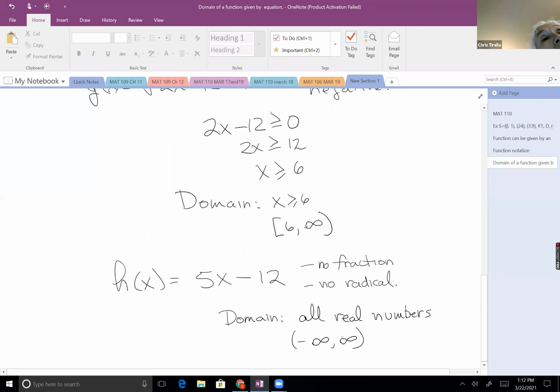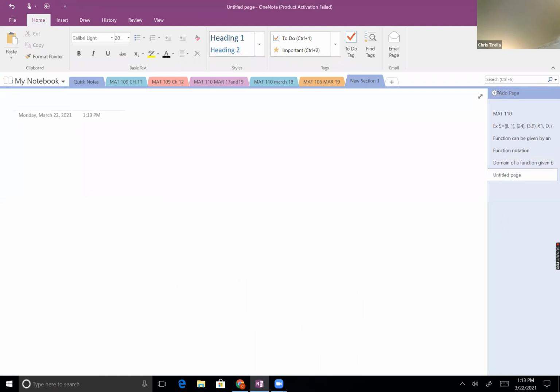If it's a fraction, we already know that the denominator can't be 0, or if it's a radical, because we're going to be restricting our thought process to real numbers, what's underneath that square root symbol cannot be negative if I have an even index. Everybody all right? Not hearing any questions then, the next thing we're going to talk about is the graph of a function.